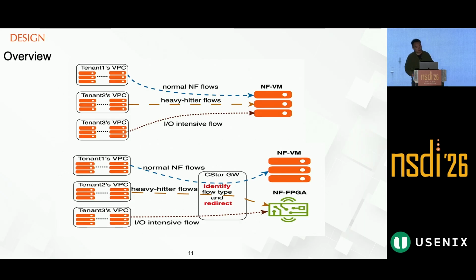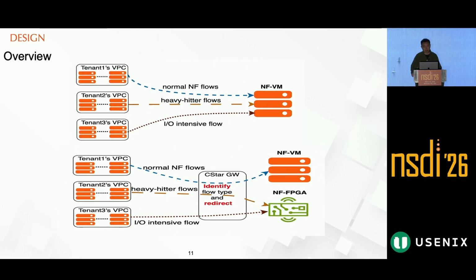To address the I/O bandwidth and CPU resource mismatches, the CStar Gateway performs traffic identification and redirection. The gateway identifies all traffic upfront using a flow identifier to recognize bandwidth-intensive traffic and elephant flows.